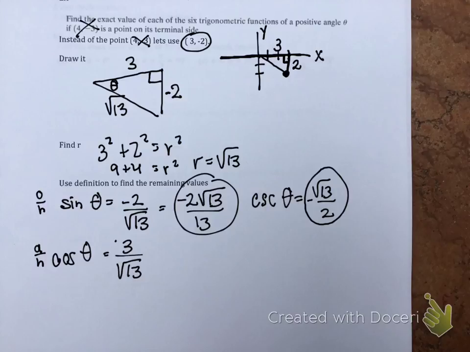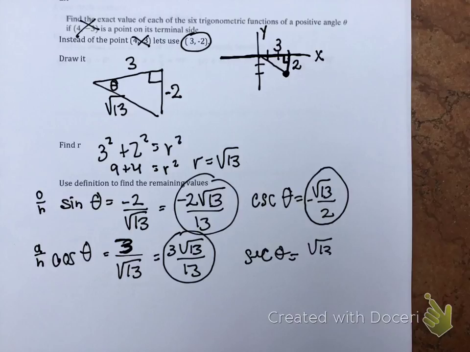Okay, yeah, that's right. So this becomes 3 radical 13 over 13. And secant is its reciprocal function, so we just go ahead and flip it over, and we're good.